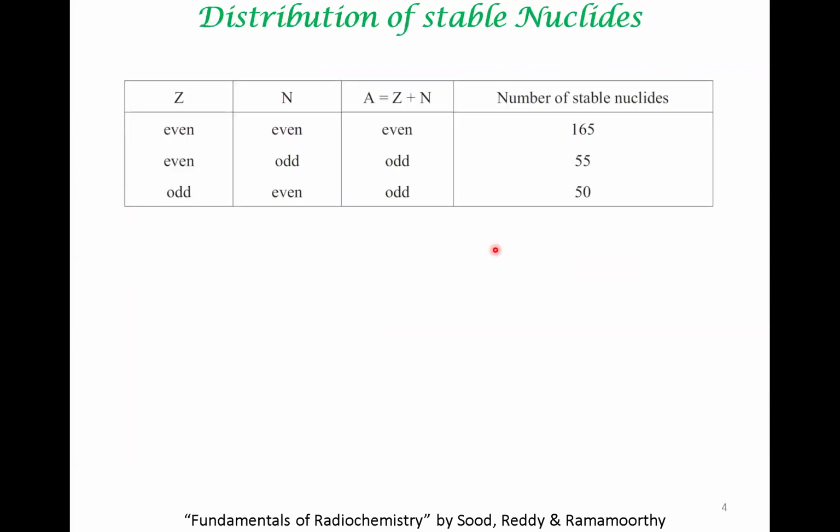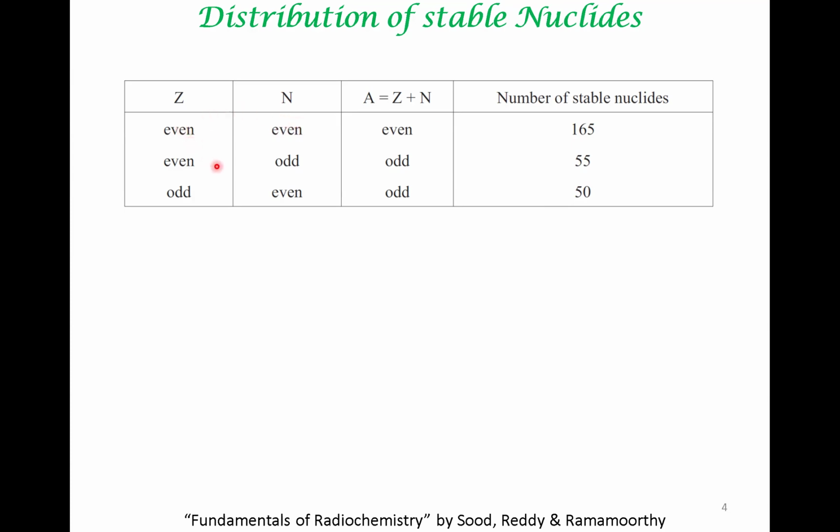Let's move on and look at the distribution of stable nuclides. If you look at all the possible nuclides that are readily available and stable, what you see is that the largest number of stable nuclei have the configuration with an even number of neutrons and an even number of protons.